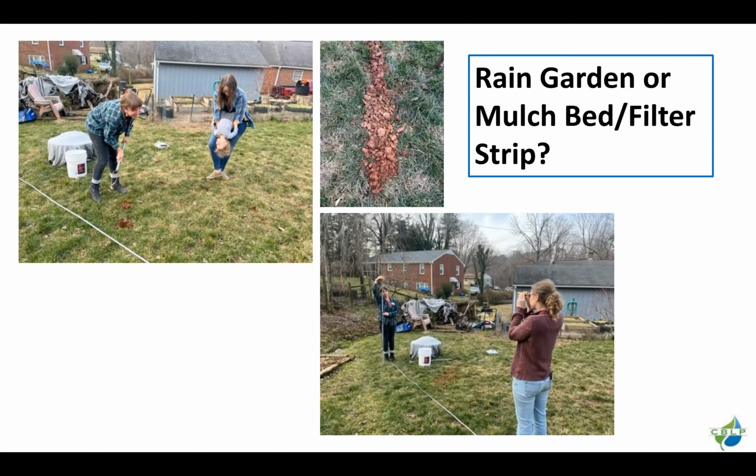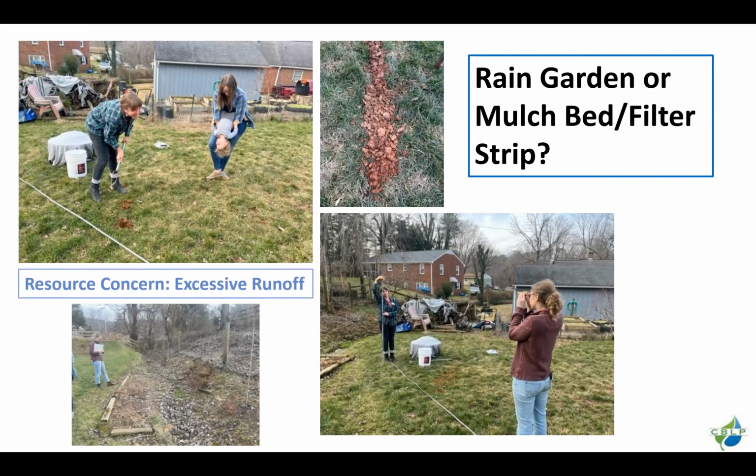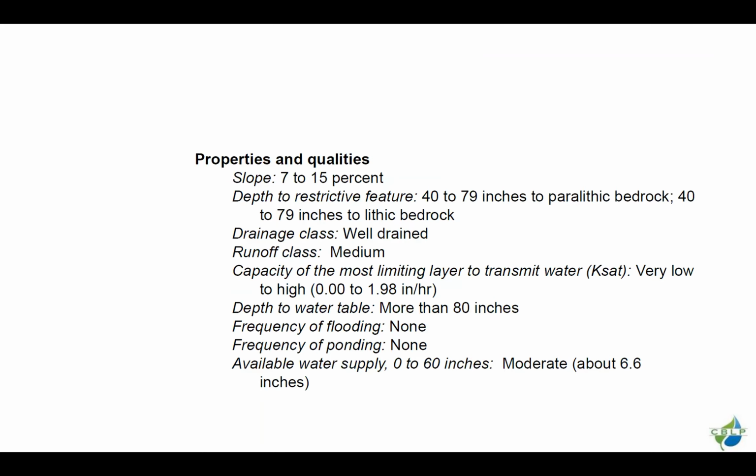Yep, could very much be, or maybe one of these mulch beds, if you were going to disconnect that downspout. And just like Megan and Courtney said, the three most important things are drainage area and resource concern. Or maybe it's flipped. I don't know. Blair might argue with me that that's the wrong order, but resource concern for sure.